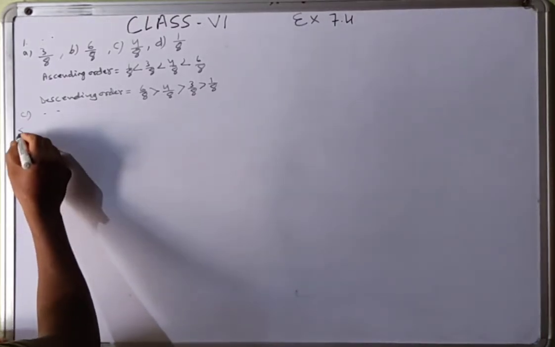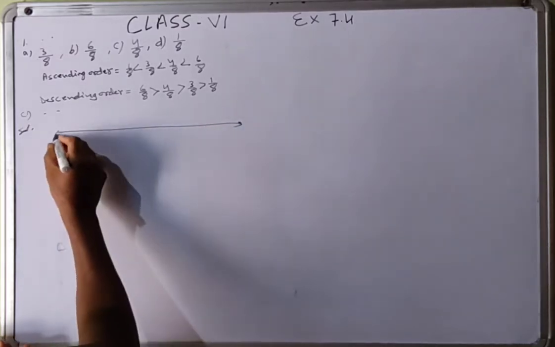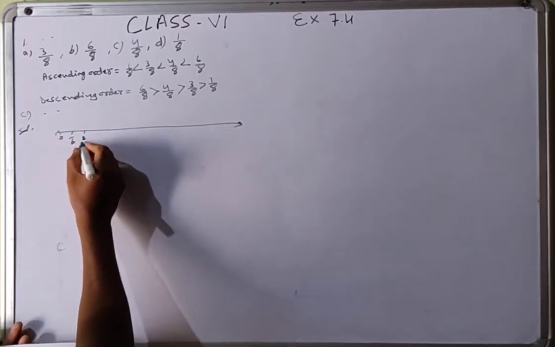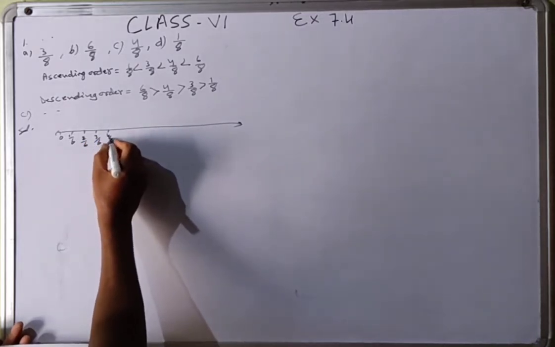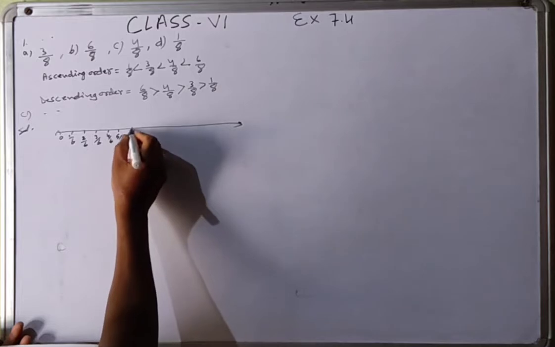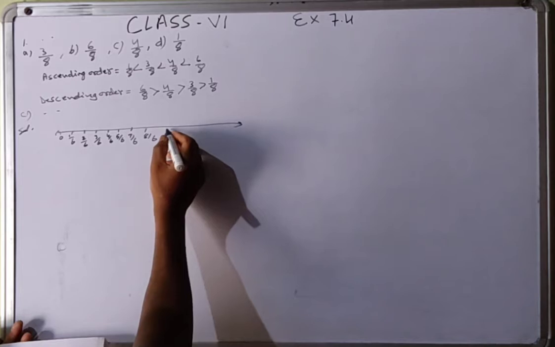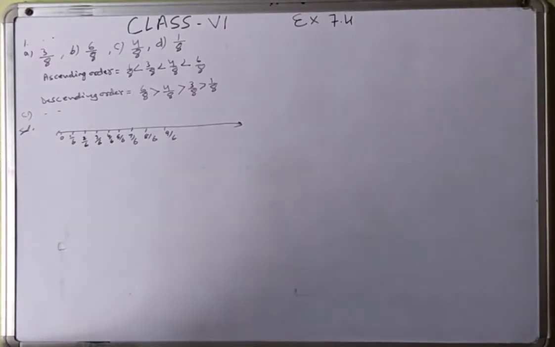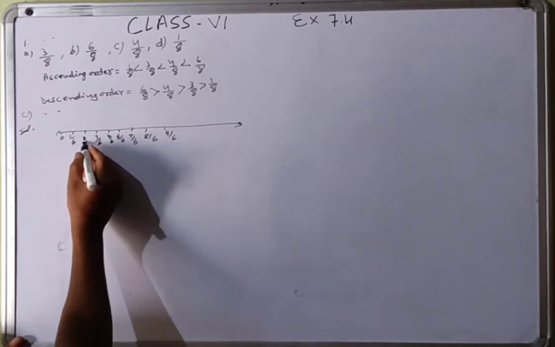First of all we will draw a number line: 0, 1 upon 6, 2 upon 6, 3 upon 6, 4 upon 6, 5 upon 6, 7 upon 6, 8 upon 6, 9 upon 6. And then 5 upon 6 is greater than 2 upon 6. Yes, 5 upon 6 is greater than 2 upon 6.